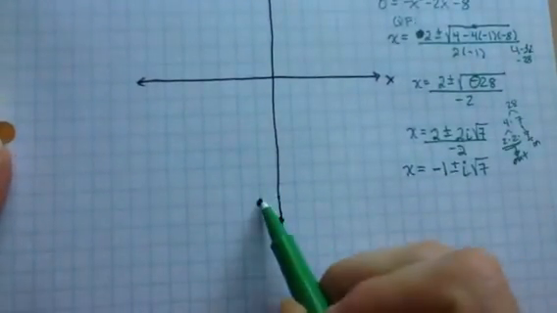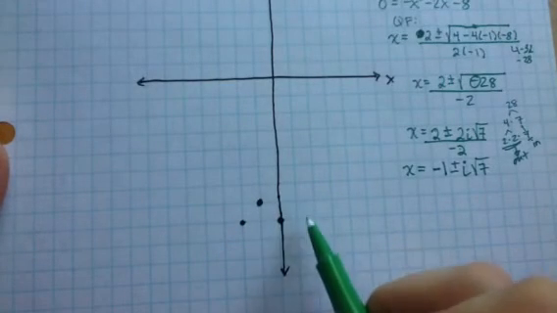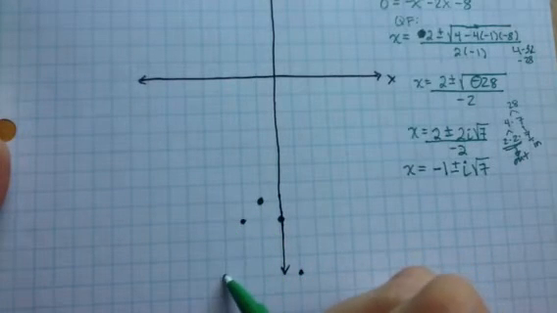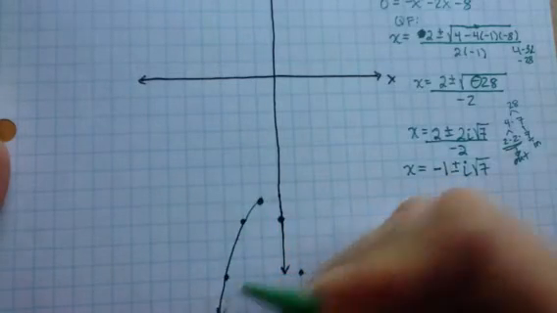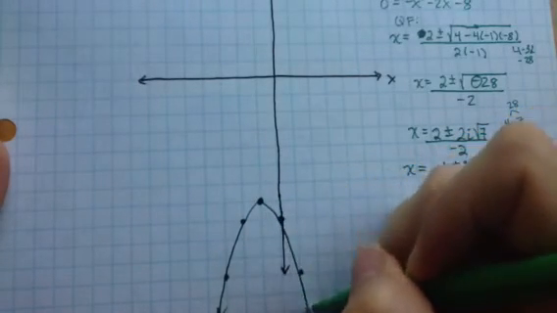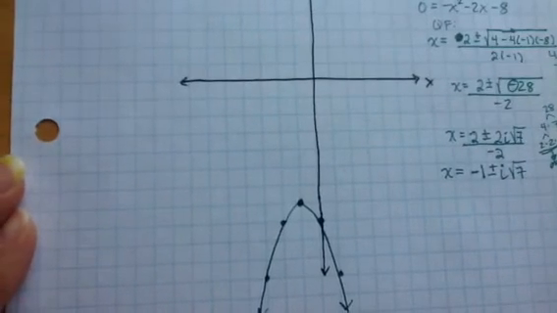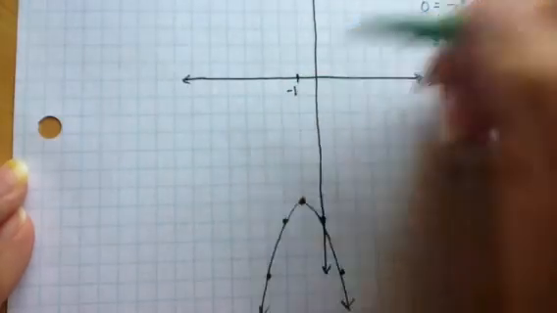So from the vertex, we'll go over 1, down 1, over 1, down 1, over 2, down 4, over 2, down 4. So we at least can get a picture of what our graph is going to look like. And then we can use that picture to answer some questions. I'm going to label this negative 1 here.